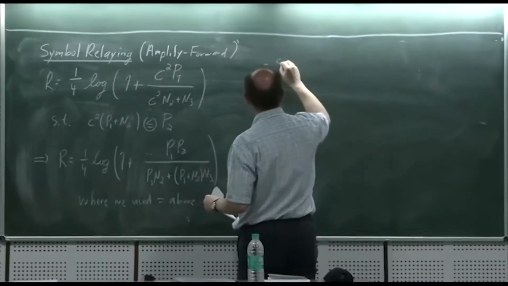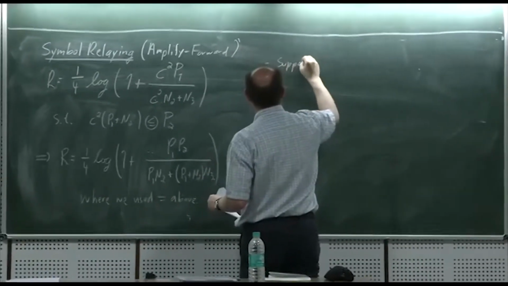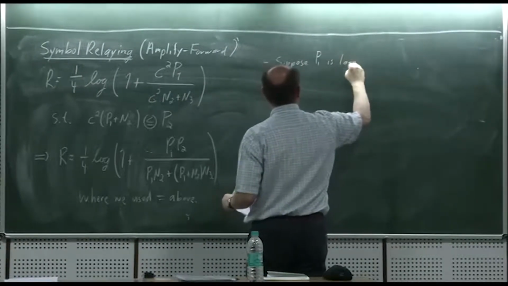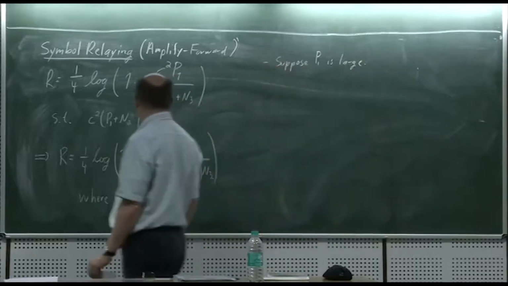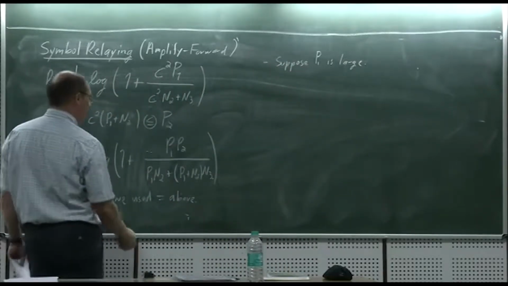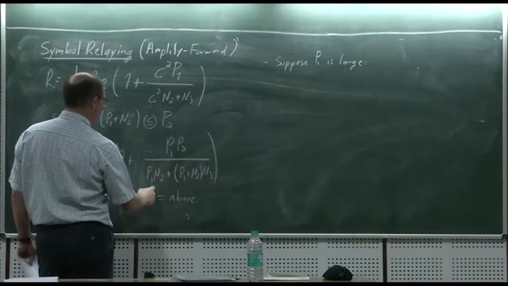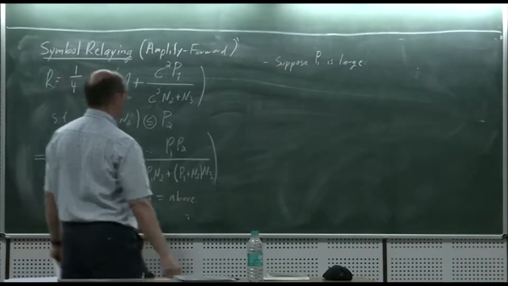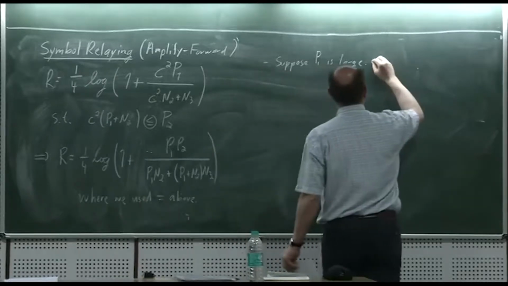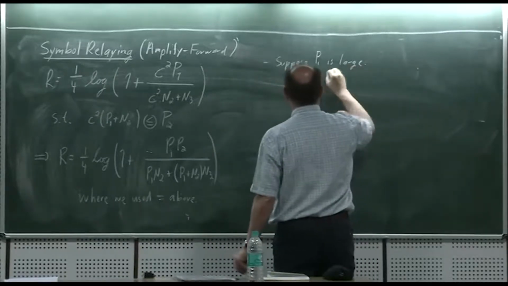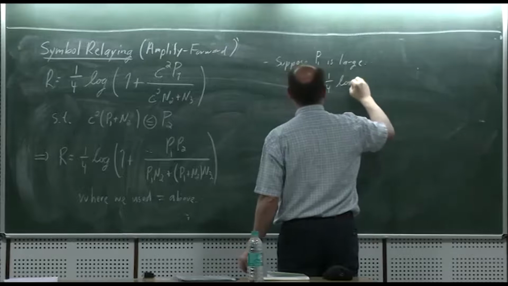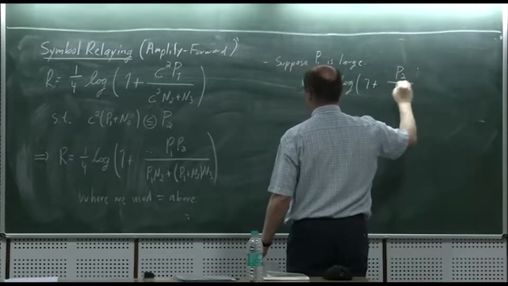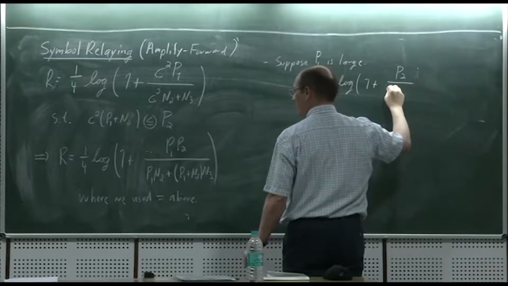So suppose P1 is large. What happens? Well, if P1 is large, we'll get P1 P2 over P1 N2 plus P1 N3. The P1 cancels, so the rate is approximately 1/4 log of 1 plus P2 over N2 plus N3.